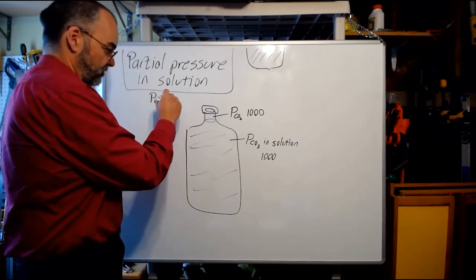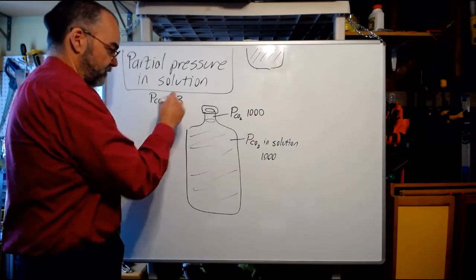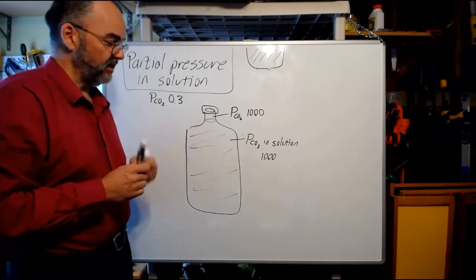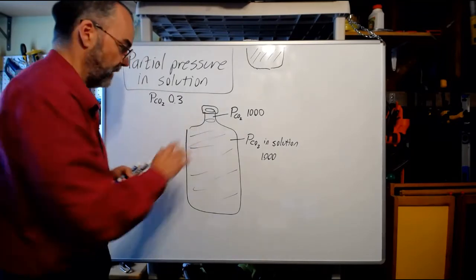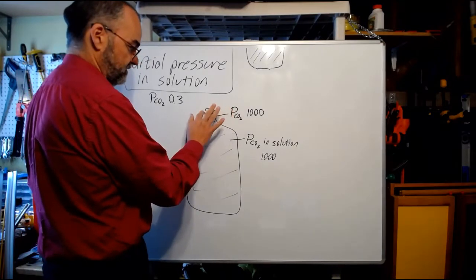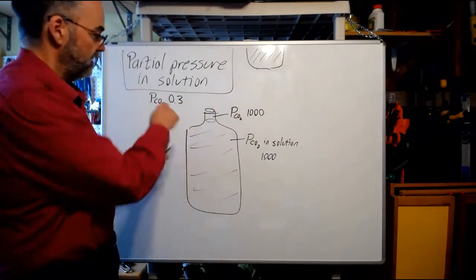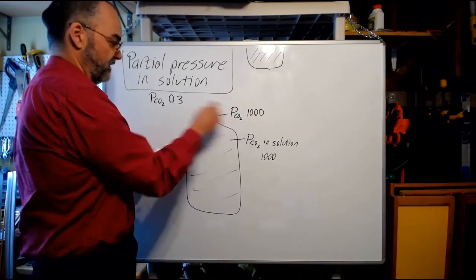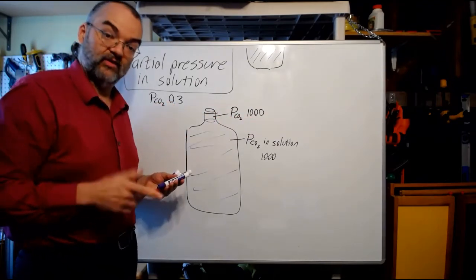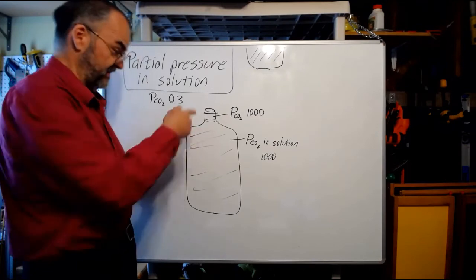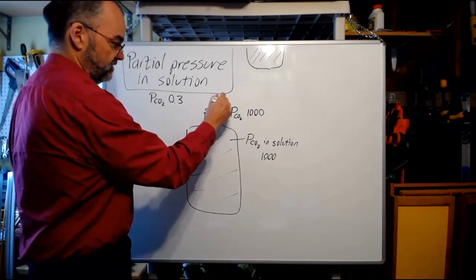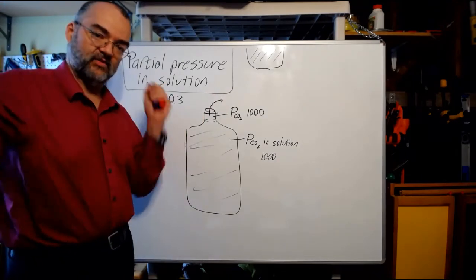Yeah, from previously, that was about 0.3 millimeters of mercury. So when I uncap the soda, pop, so to speak, now I have these two gas mixtures. One has a PCO2 of 1,000, one has a PCO2 of 0.3. Which way is the CO2 going to move? Definitely, it's a huge pressure difference. So this CO2 comes out and mixes with the atmospheric air.